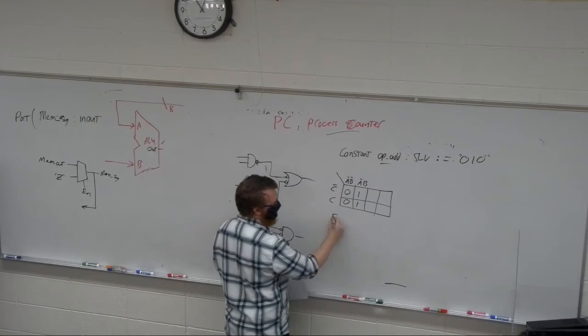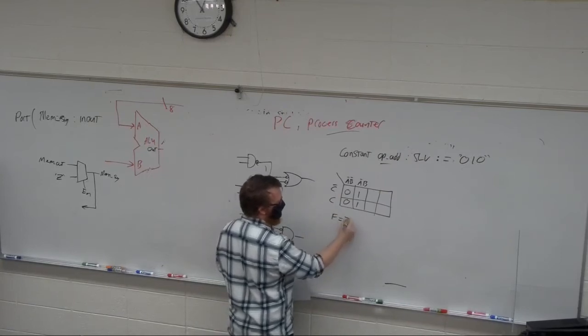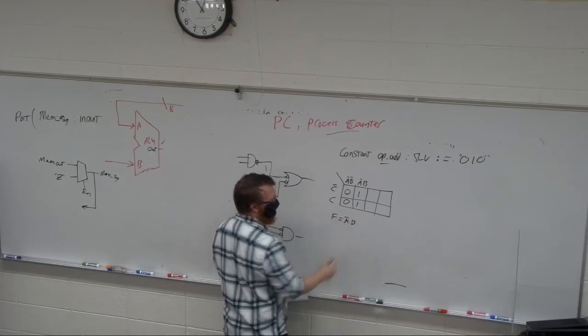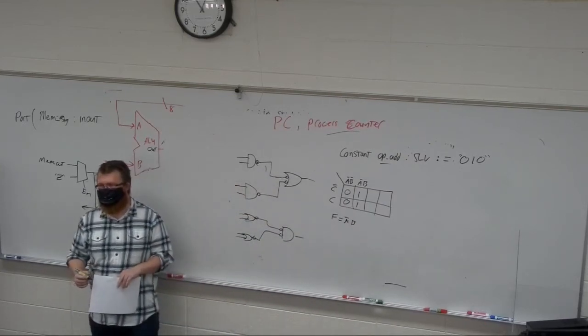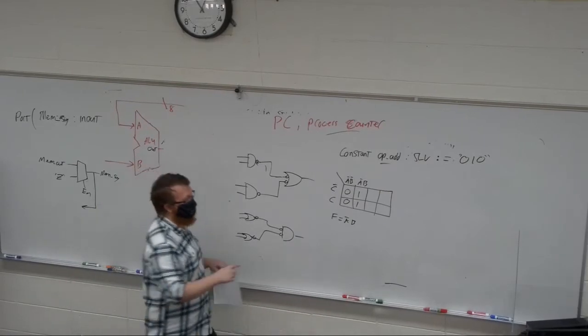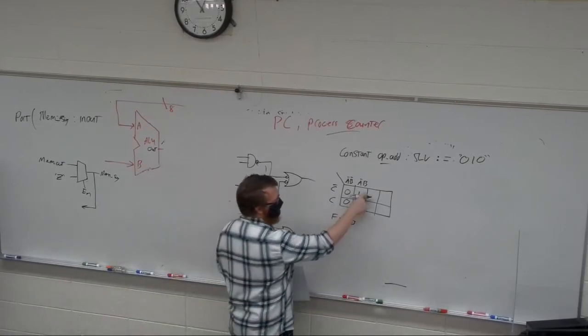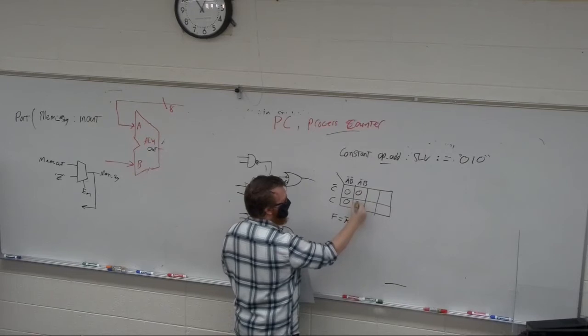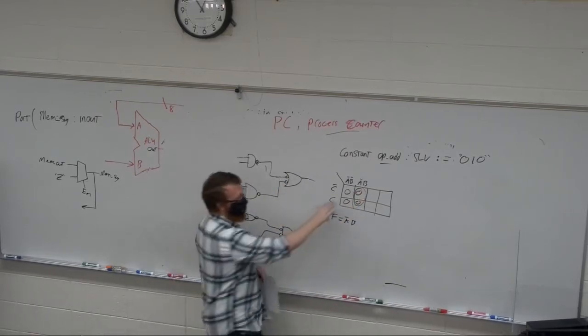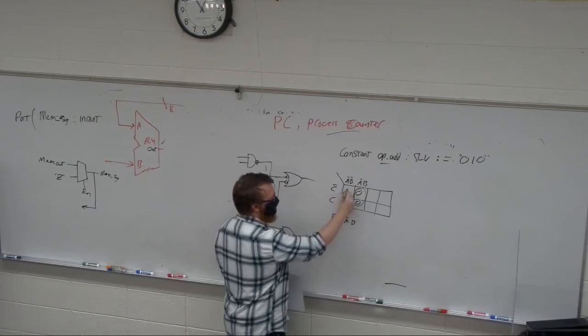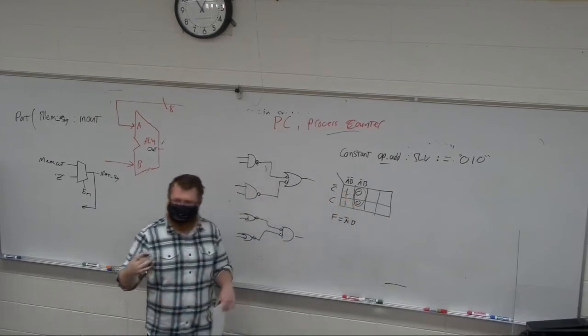So we would say F is equal to not A, B, right? But if we're to take the zeros of that same thing, we'll say these were zeros, and this was the term that I circled. Obviously, I can circle 4, so let's make it so that I can't. Right? I'm doing min terms.